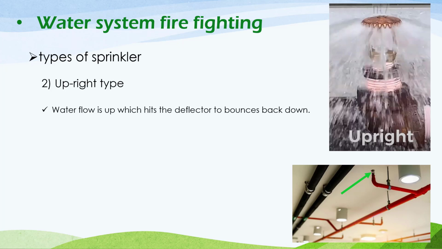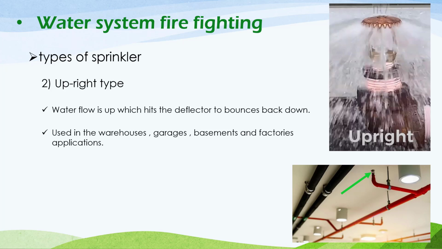Like this case here, you can see the upright sprinkler is installed up, and the water is injected firstly up in the same direction as the sprinkler, and when the water hits the deflector it bounces back down towards the ground of the space. This type of sprinkler is used in warehouses, garages and factories.